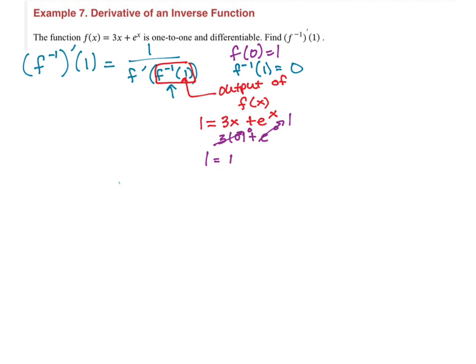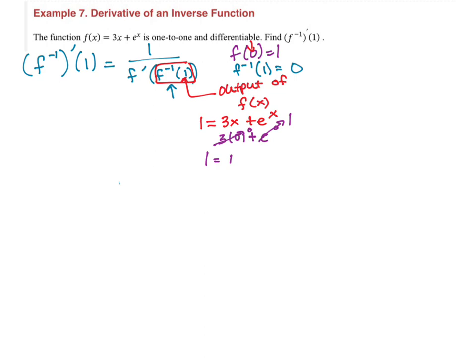The way you do that is you set your f function equal to that output, and you work backwards until you figure out what the input was. Once you know the input value for f, you can swap it out for f inverse of the output.